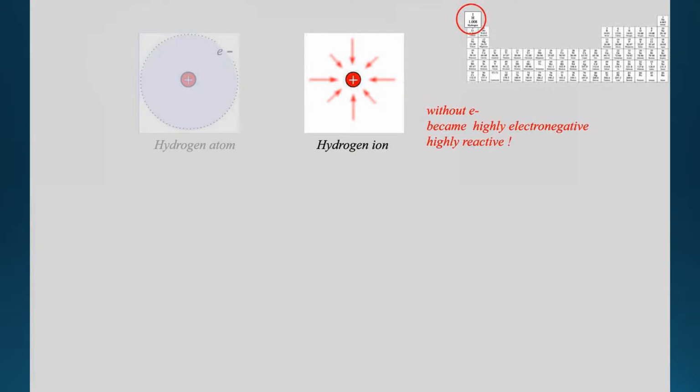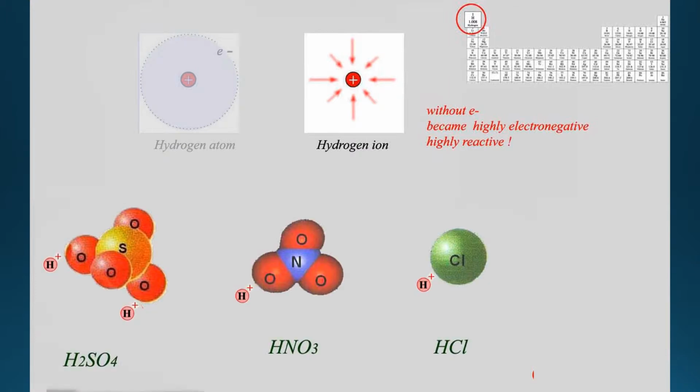So, with this hydrogen ion, we find something in common on all acids. Like sulfuric acid, it will ionize, or give out this aggressive hydrogen ion, and this aggressive hydrogen ion will go and attack and react.